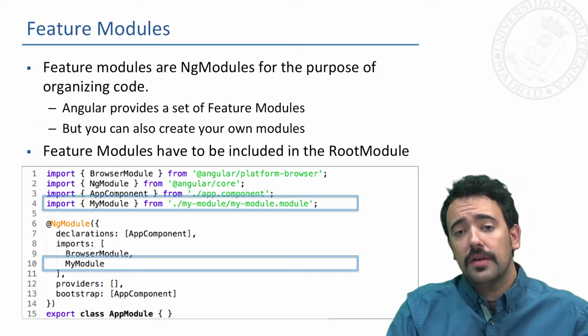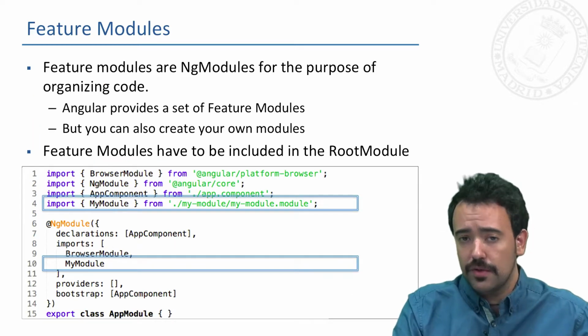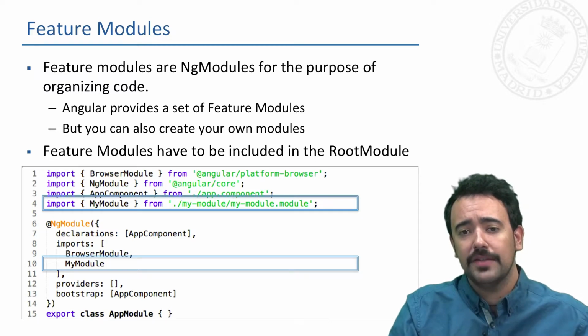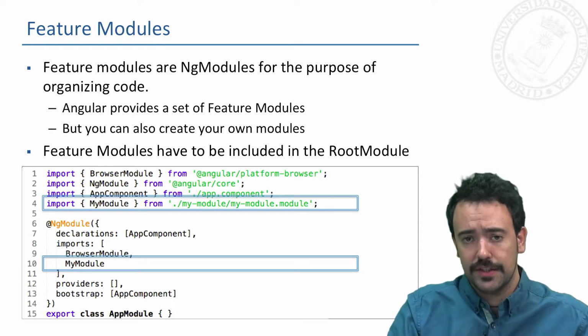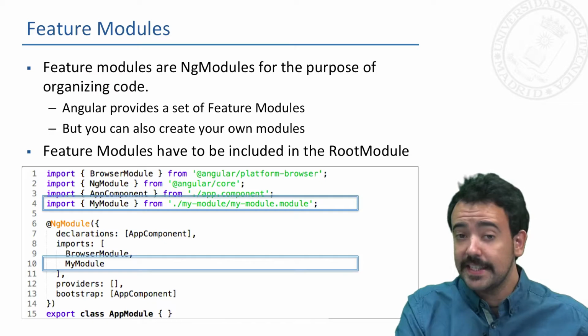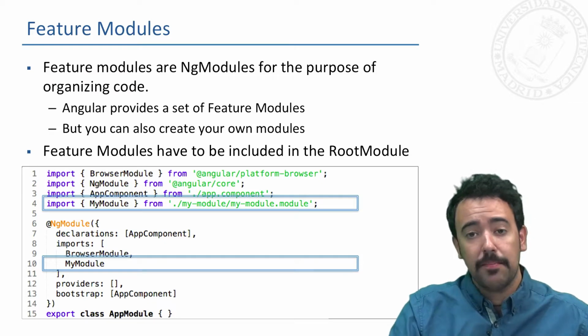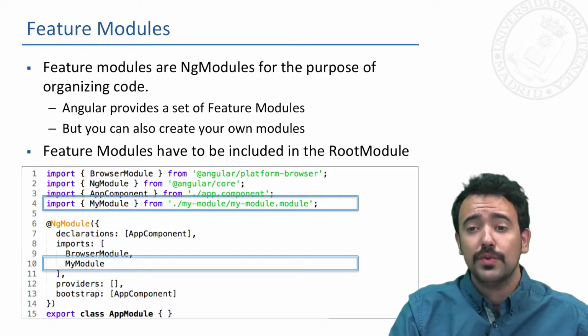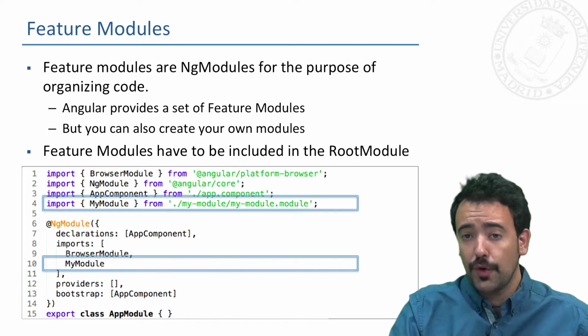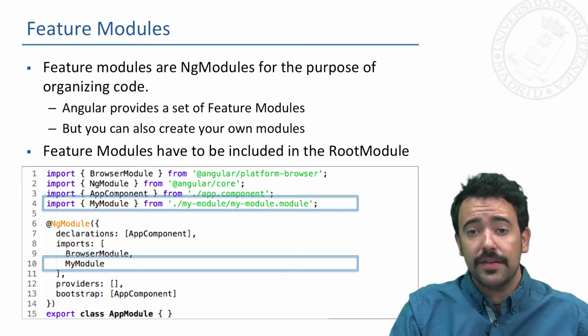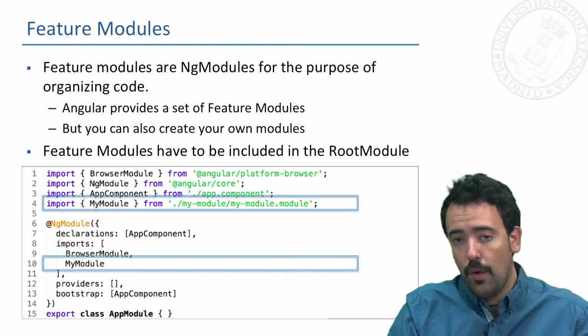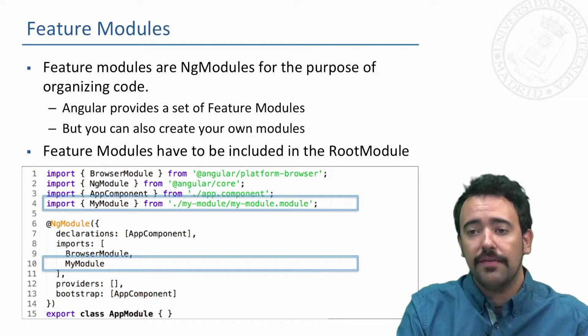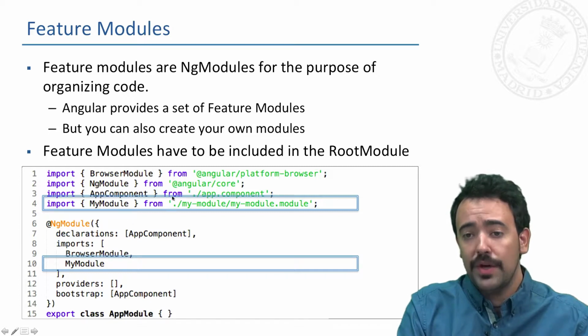As I said before, using the NgModule system of Angular, you can divide your application, separating features in modules. There are a set of modules that are provided by Angular, but you can also create your own feature modules. In order to use a module of one of these types, you have to include it in the root module, in the way you can see in this example.